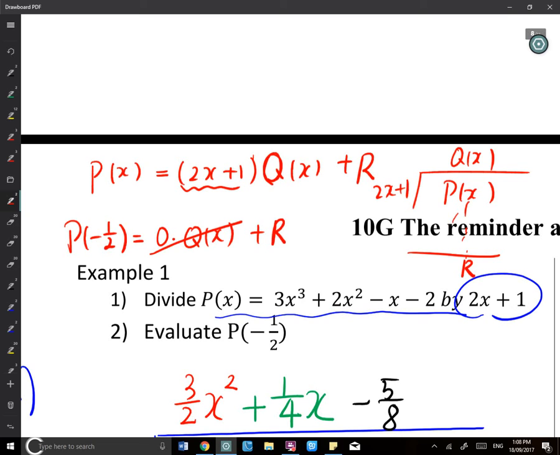That's why you substitute a value that makes what you're dividing by equal 0, and the number you get is the remainder, regardless of what Q(x) is. I don't care about that, I just want to know the remainder. That's why I substitute negative a half, and I should get the same number as above.